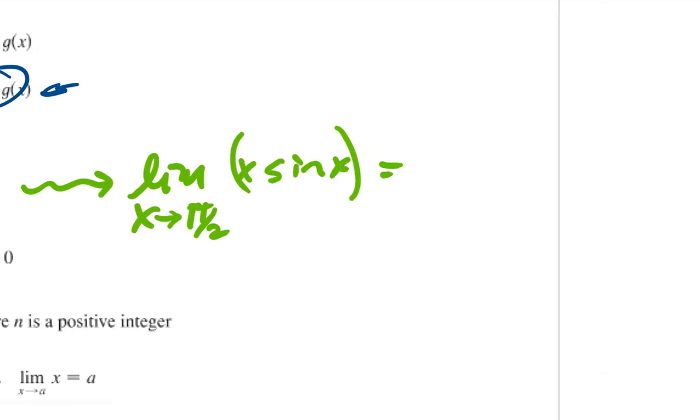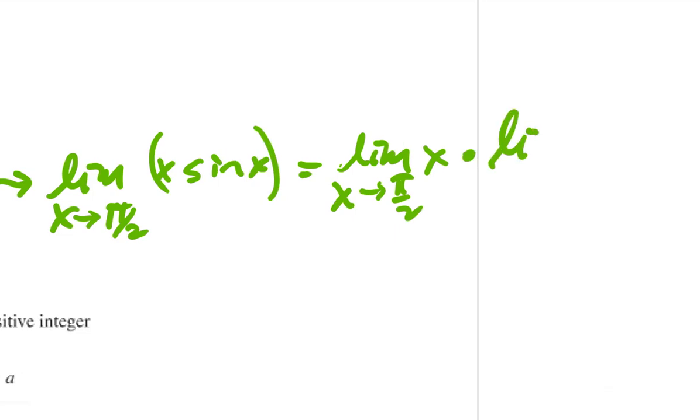You've got to be careful though, because one of these limits might not exist. Here you can do this: the limit as x goes to pi over 2 of x times the limit as x goes to pi over 2 of sine of x. And now you can just plug them in. The limits have to exist in order for you to do this.